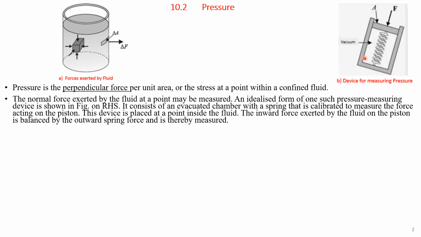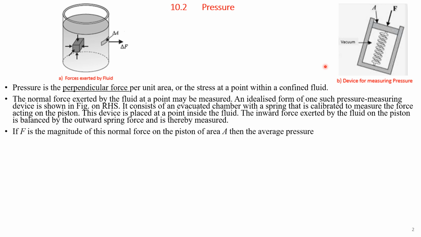The inward force exerted by the fluid on the piston, that is, the pressure the fluid exerts on the piston, is balanced by the upward spring force. The spring supplies the upward force and it is thereby measured. That is the basic principle of the device.